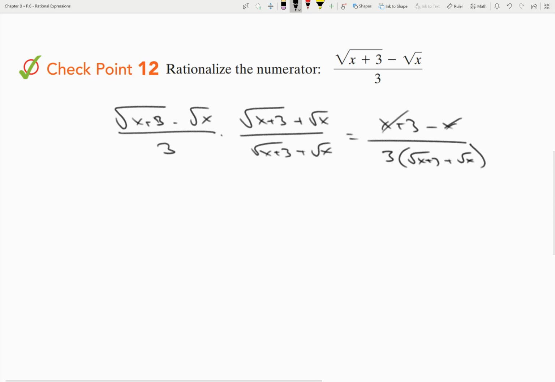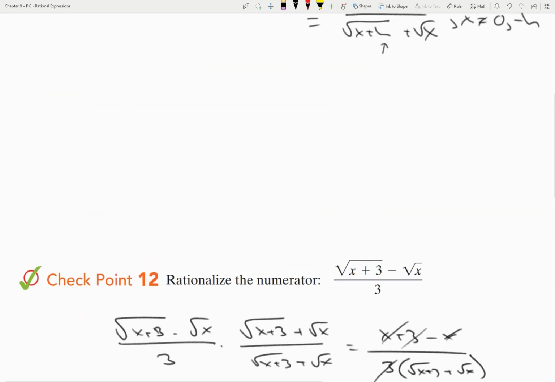And cancel those two, they're opposites. Now we have 3 over 3, which can reduce. And so my answer becomes 1 over the square root of x plus 3 plus the square root of x, where x cannot be equal to anything that makes the denominator equal to 0, which actually, because this is a binomial, is nothing.